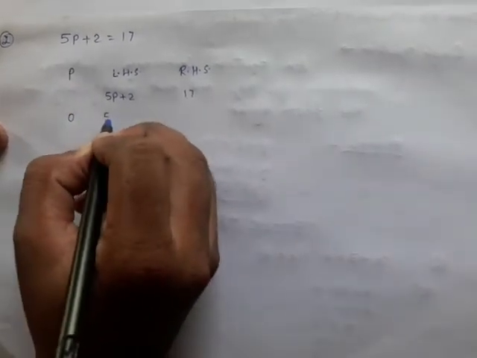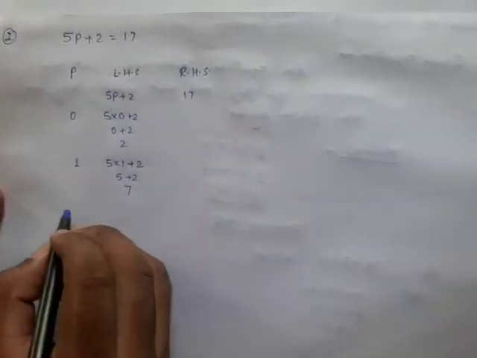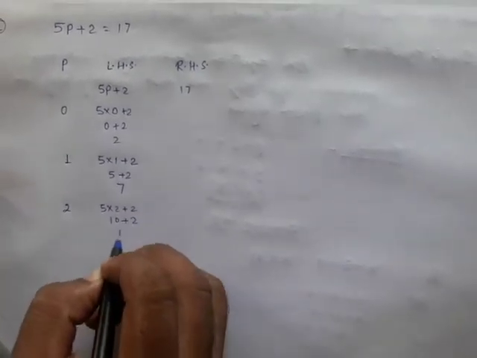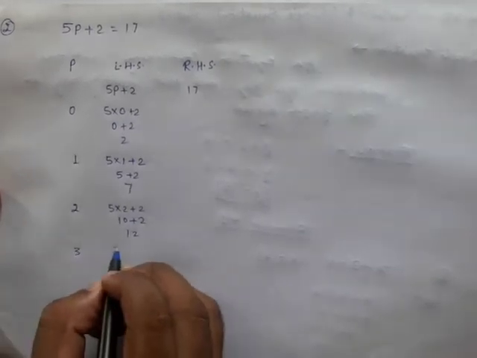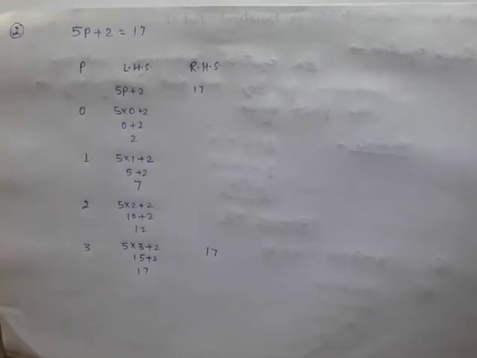We will take different values. First of all, we can take 0: 5 into 0 plus 2 is 2. Then 1: 5 into 1 plus 2 is 7. Then 2: 5 into 2 plus 2, 10 plus 2 is 12. Now p equal to 3: 5 into 3 is 15, plus 2 equal to 17.